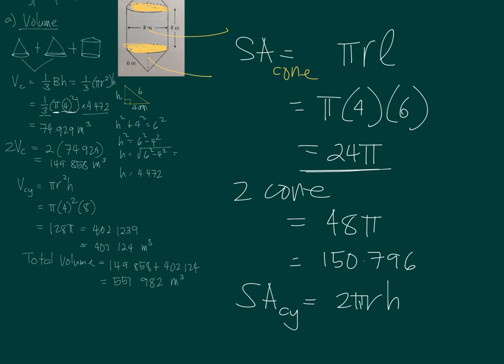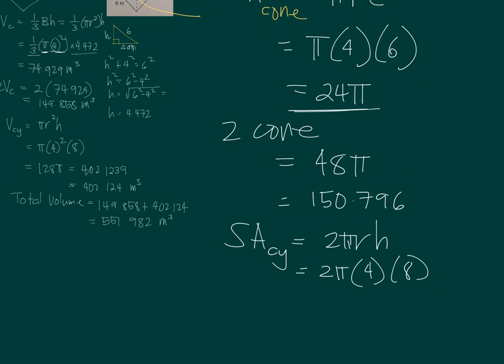We are not including the 2 pi r squared because those are the circles on the top and bottom of the cylinder, which are inside the figure. So that's 2 pi, radius is 4, the height is 8. 8 times 4 is 32, times 2 is 64 pi. 64 pi is equal to 201.062.